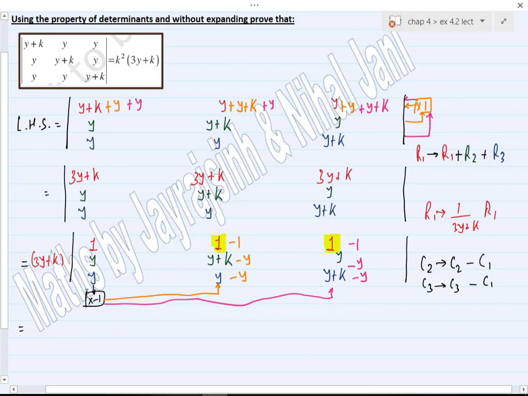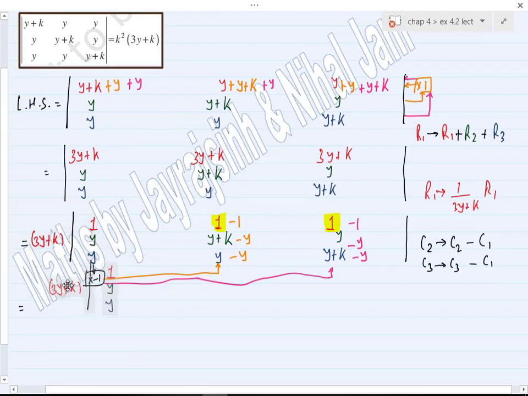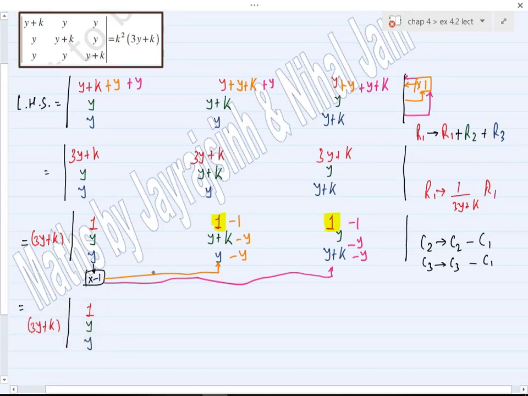So in this operation, our first column and y plus k will be as it is, and the second column will be 1 minus 1 0, y will cancel out, we will get k, and again y will cancel out, we will get 0. Third column will be 0, 0 and k.